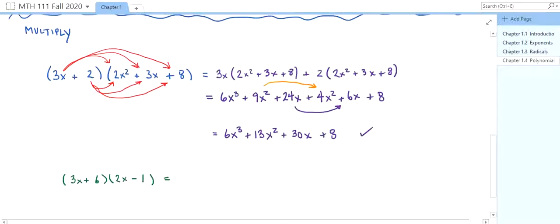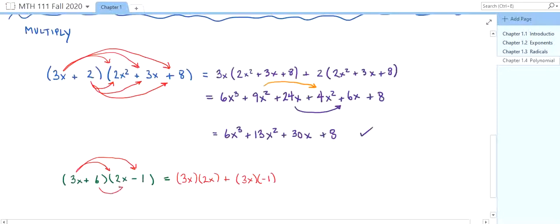One way to do this is you take this times this and this times this. Let me work it out long: 3x times 2x, and then plus 3x times minus 1.